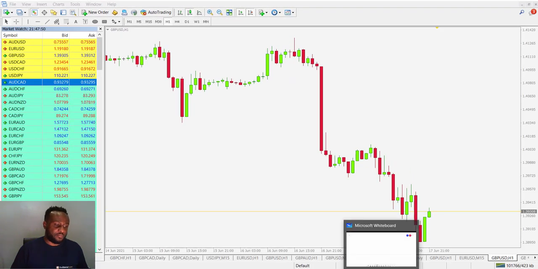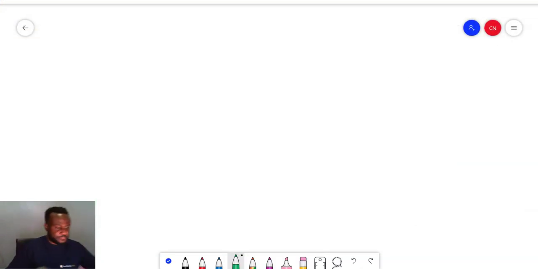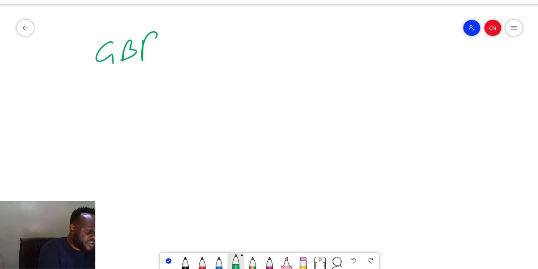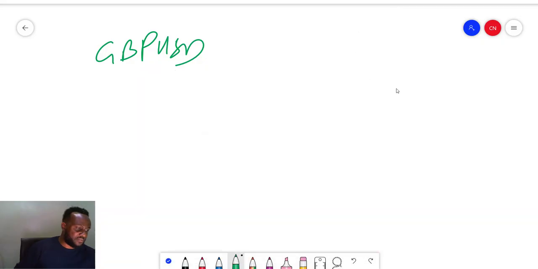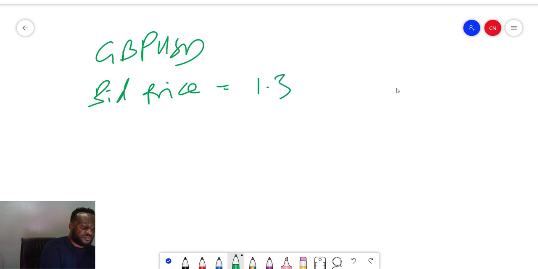Okay, so I'm going to run some examples now. Let's say we have GBP USD as an example, and you can see right now GBP USD has a bid price of 1.39297, something like that.